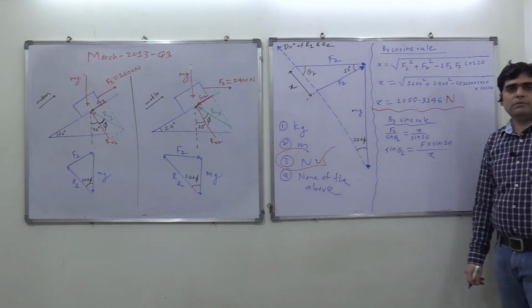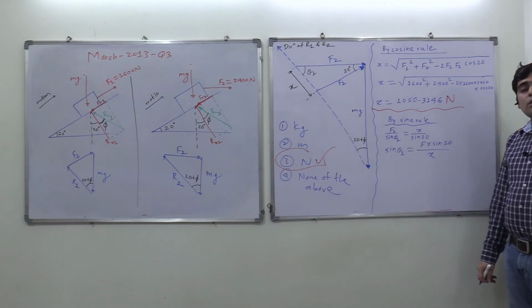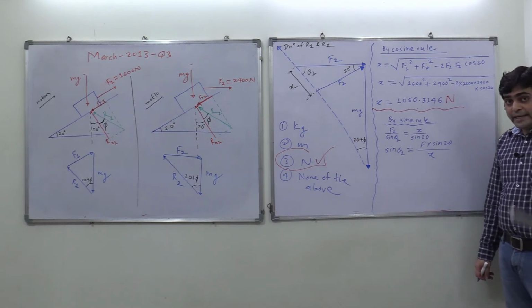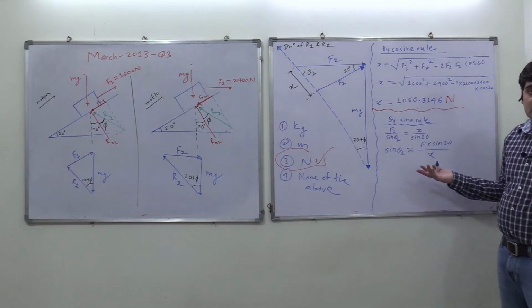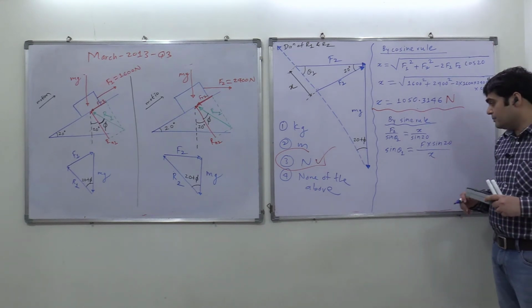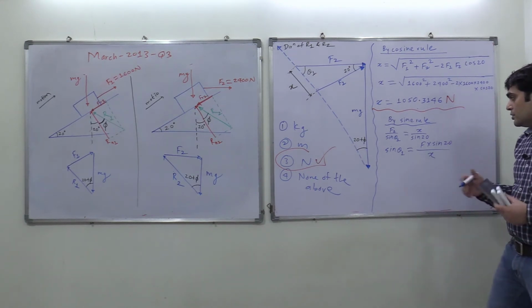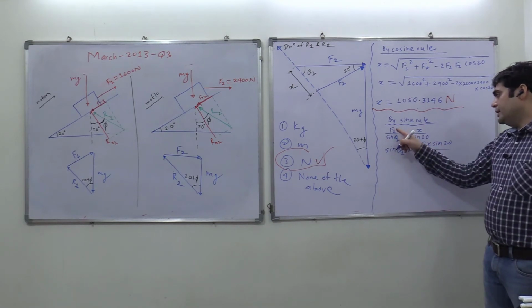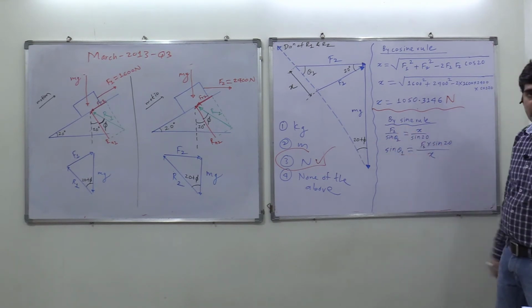Is it okay now? Please be attentive in the class. I may make a lot of mathematical mistakes, so you have to identify them. So F1 into sine 20 divided by x. Now it is okay.